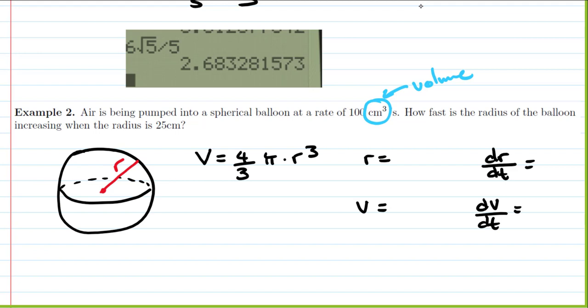So that's a volume per second. So 100 cubic centimeters over seconds. And then we're asked how fast is the radius of the balloon increasing when the radius is 25 centimeters. And so then dr/dt is what we want.